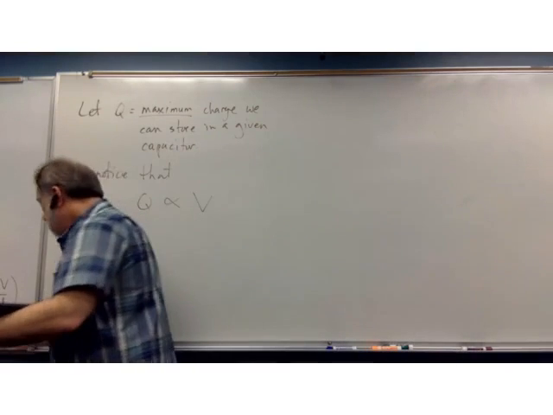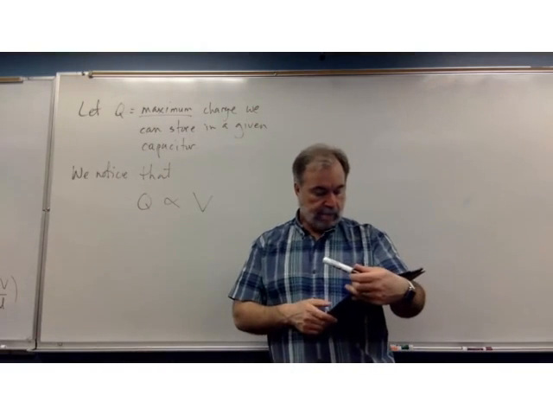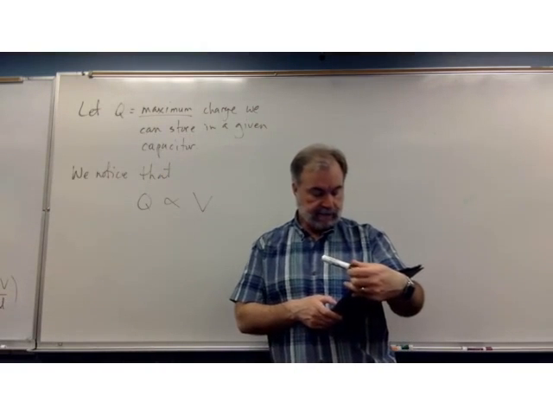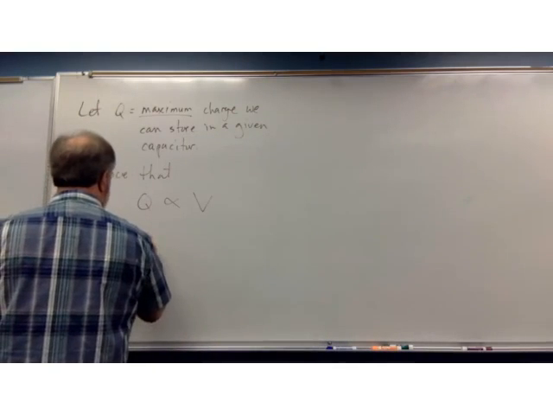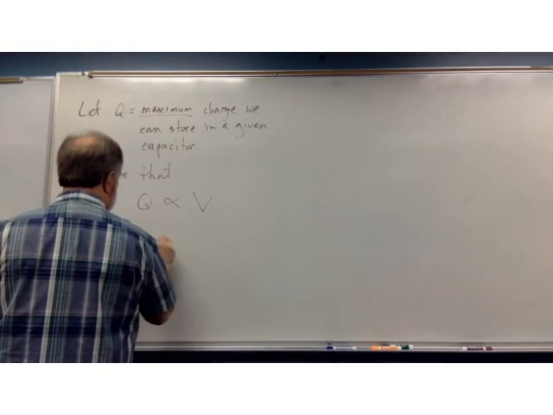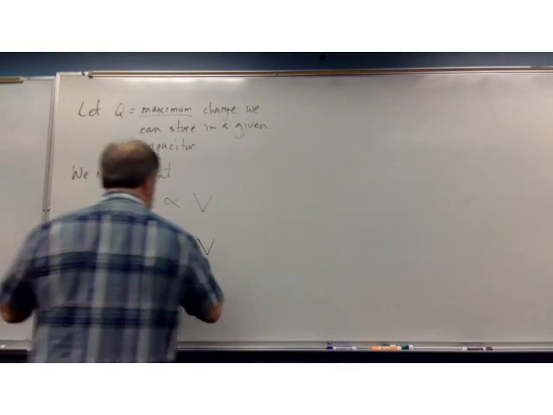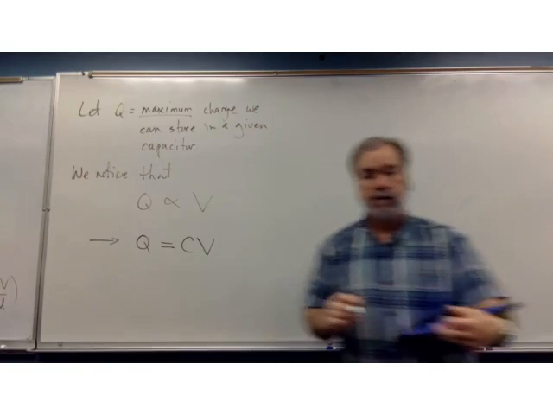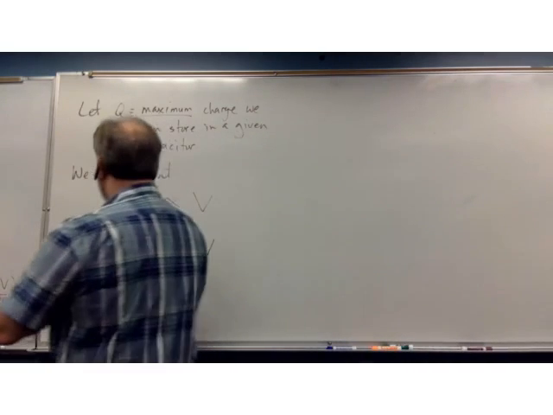We turn a proportionality into an equality by inserting a proportionality constant. So the amount of charge we can store is equal to some proportionality constant times V. This, in fact, is the relationship.